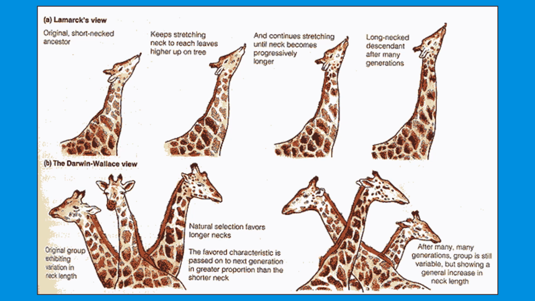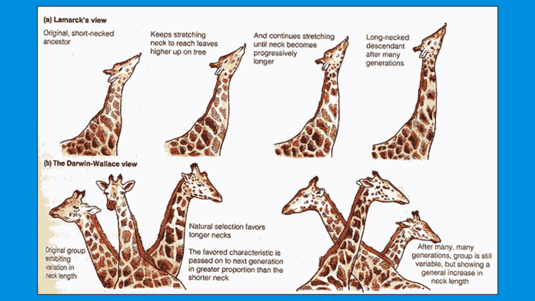That means some giraffes had long necks and some had short necks, or some were tall in height, some were short in height. And natural selection favored the longer necks. This favored characteristic is passed on to next generations in greater proportion than the shorter neck. And after many generations, the group is still variable but shows a general increase in neck length.